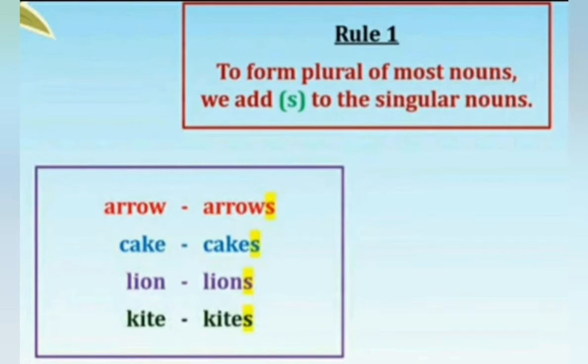So the plural of arrow is arrows. Cake, we add s with cake to form plural, cakes. Line, lines. Kite, kites. In all these singular nouns, we add s to form plural.